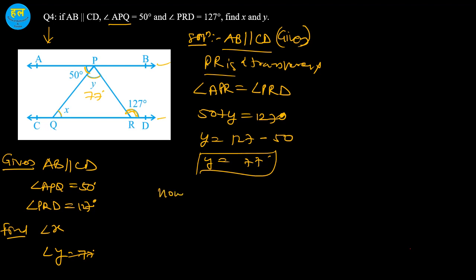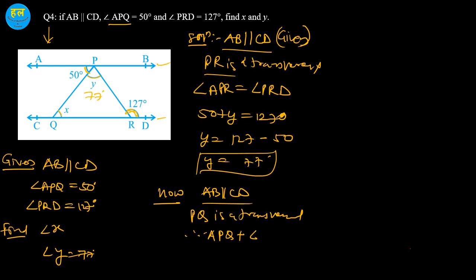Now, since AB is parallel to CD and PQ is a transversal passing through AB and CD, therefore the sum of interior angles of the transversal passing through AB and CD will be 180 degree, and therefore angle APQ plus angle CQP will be equal to 180 degree.